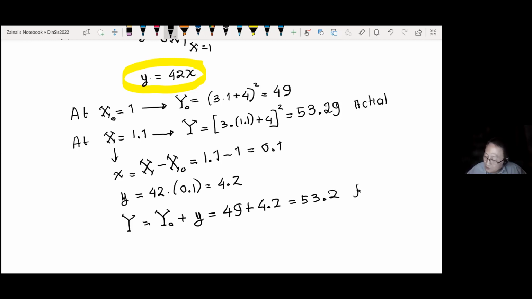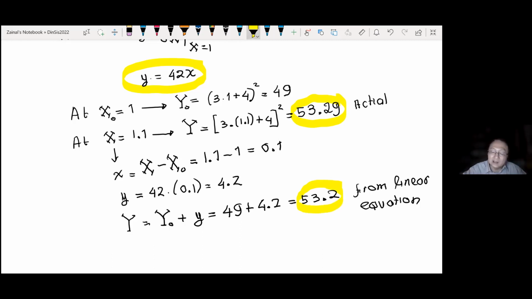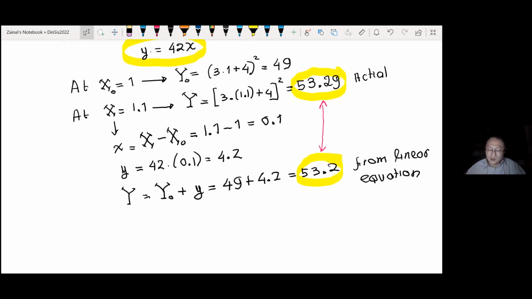This one is from the linear equation. If you compare this one and this one, there is an error between the linear and nonlinear equation.